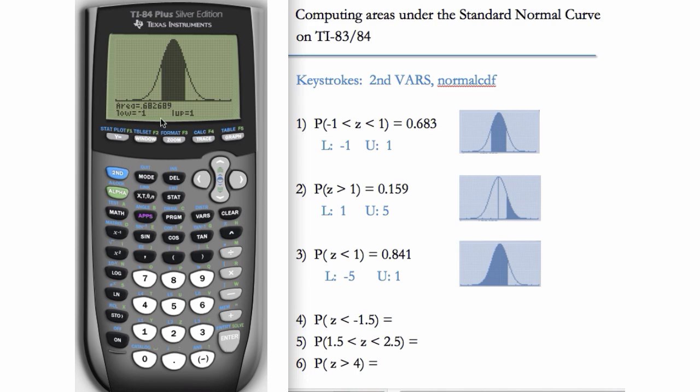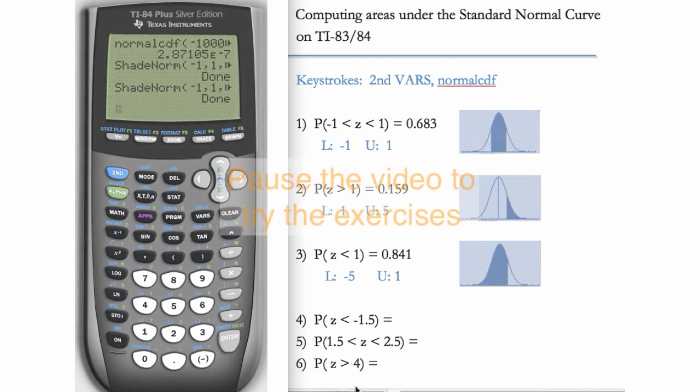But if you don't remember to set that window, or if you have other plots on, they might interfere with this graph. So using shade norm is a little problematic for that reason. So I would recommend in general using normal CDF. Okay, so using your calculator, now try problems 4, 5, and 6.